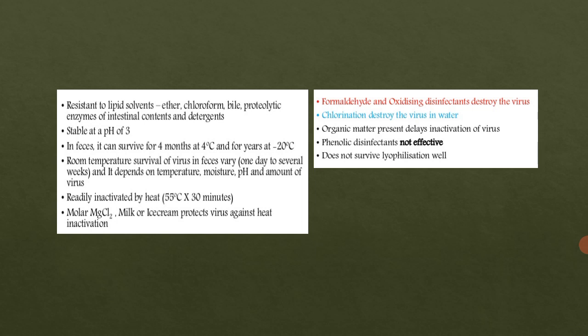Now for protection from heat, who can protect the virus? The MgCl2, milk or the ice cream. Why ice cream? Low temperature, and at low temperature the virus can remain active. Just now we discussed that at 4 degrees Celsius it can remain active and viable, and therefore the ice cream, the milk and MgCl2 protect the virus against heat inactivation.